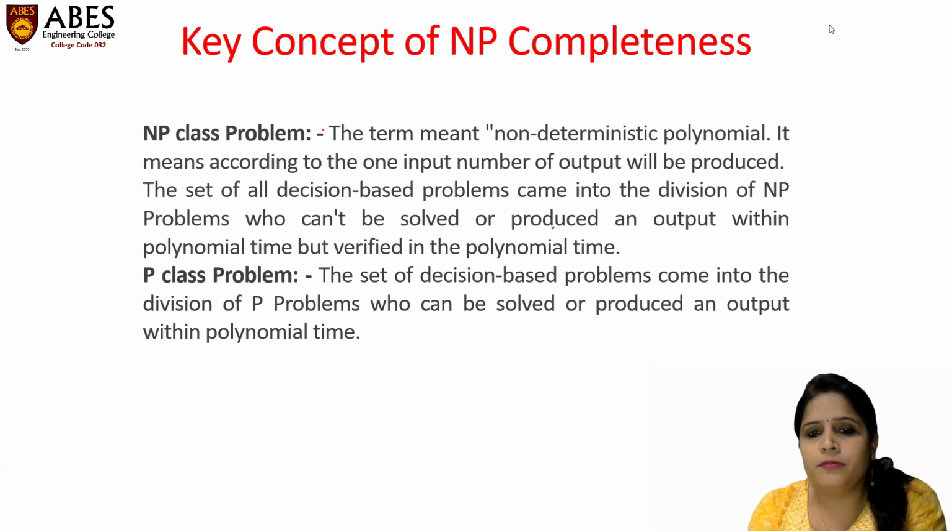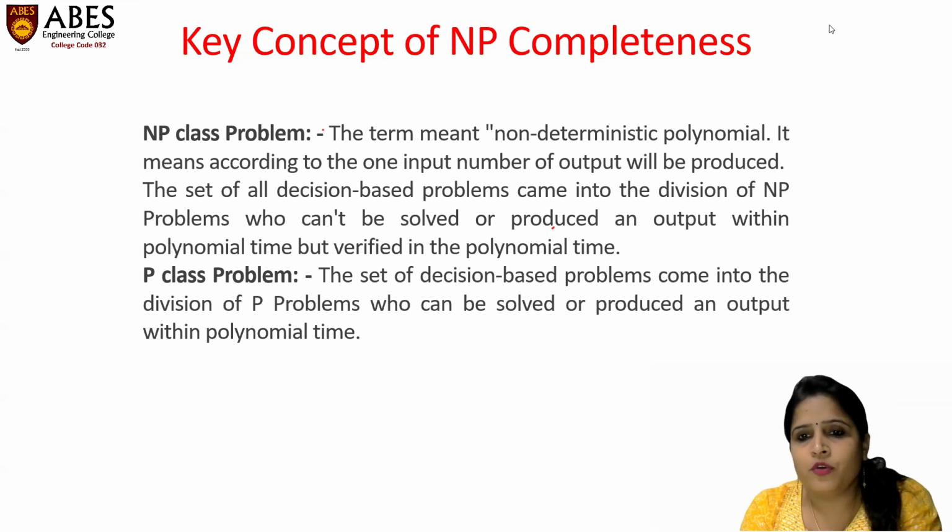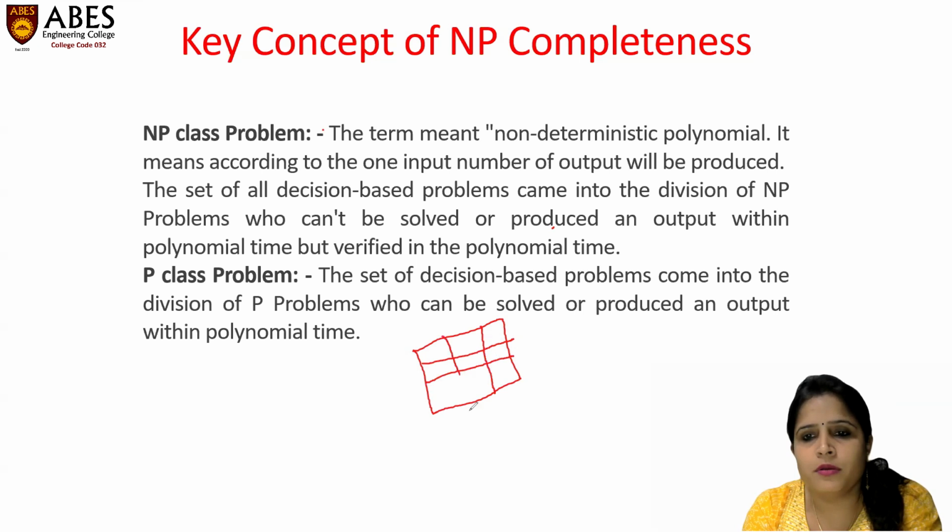In the Sudoku problem, we have a 4 by 4 block. Suppose we have a 4 by 4 block, and we have some random numbers in different positions, like here 1, here 4, here 2, here 6, here 8.